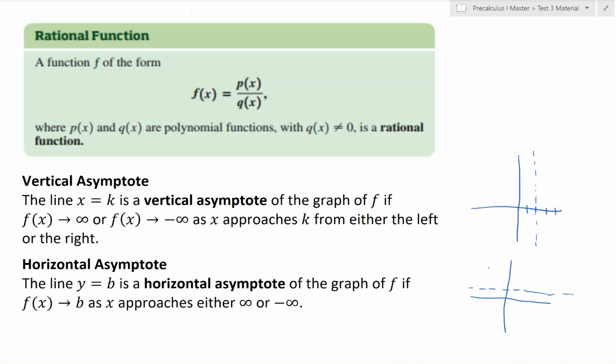It doesn't really matter what's happening in here, but as we go out to positive infinity, maybe it's getting close that way, and as x goes to negative infinity, then your y is getting close that way. In fact, your graph out here, if you would just zoom in and look at that, it actually looks enough like that line y equals b.